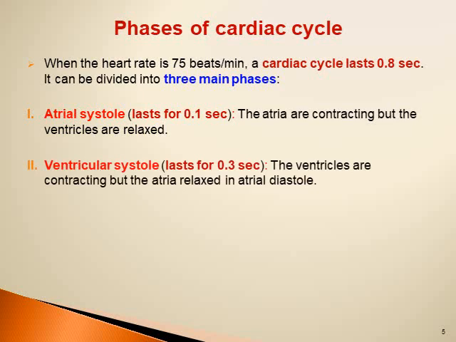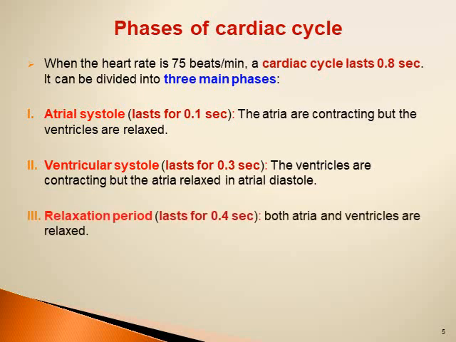Then we have the ventricular systole that lasts for 0.3 seconds, where the ventricles are contracting but the atria are relaxed in the atrial diastole. Finally, the last phase of a cardiac cycle is the relaxation period. It lasts about 0.4 seconds, where both atria and ventricles are relaxed.